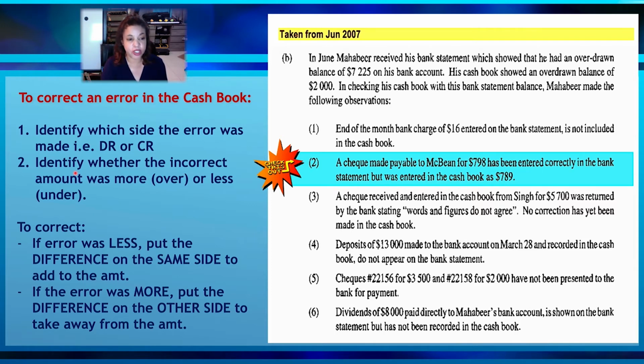So therefore, to correct, if it is less, you go on the same side, which is the credit side. Going to stop there for now, but just to mention it very briefly, if it was more, you would have gone to the opposite side. Back to this question, it was less, so it's going to be credited. Okay?